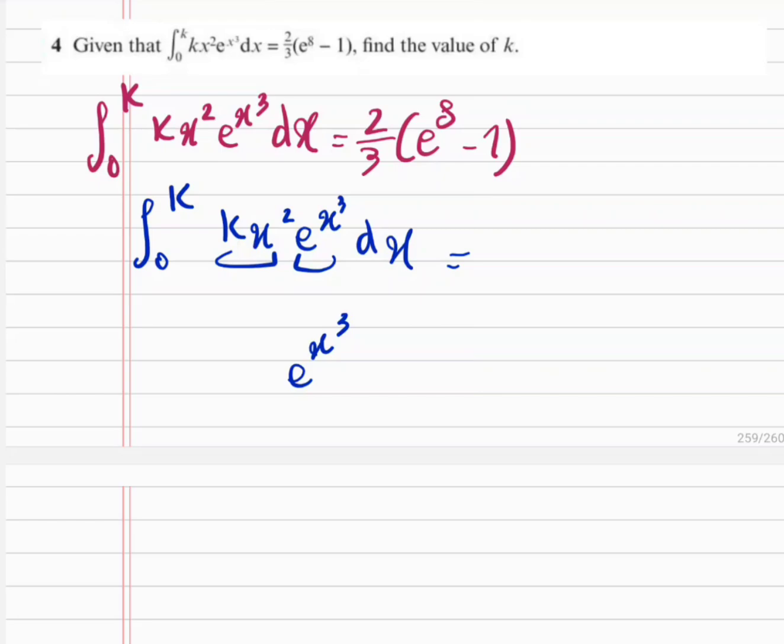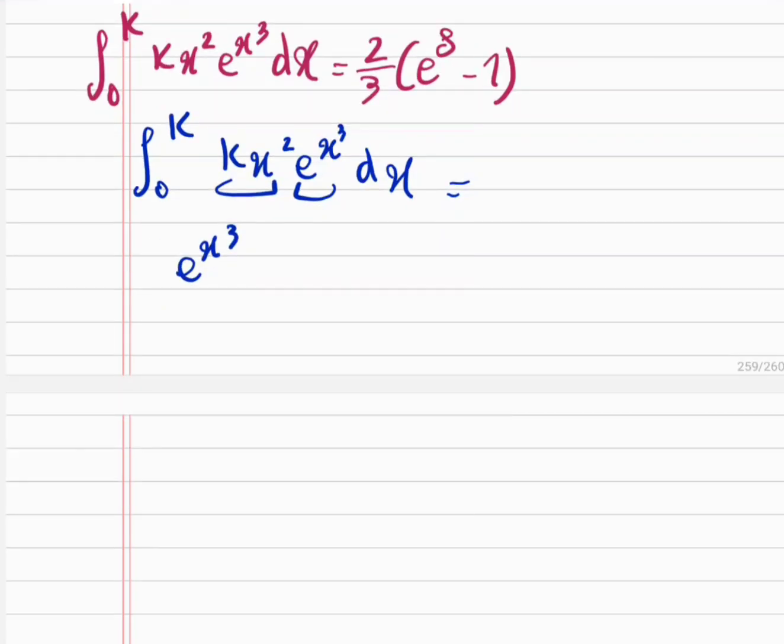So in this case, when we differentiate e to the power x cubed, we'll get 3x squared e to the power x cubed. Now here, we should be careful, and let's imagine that k is just a number.